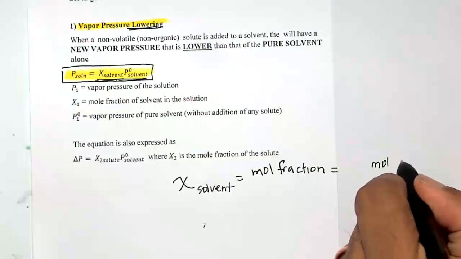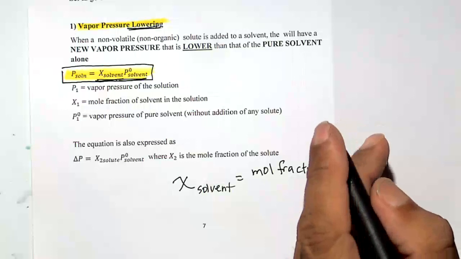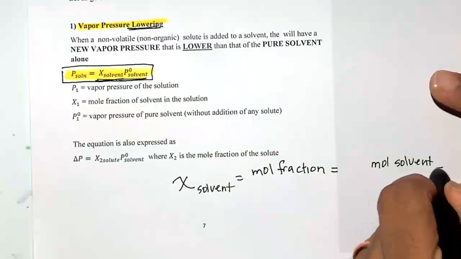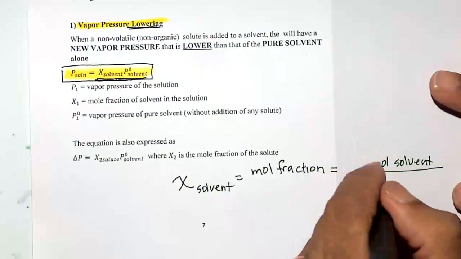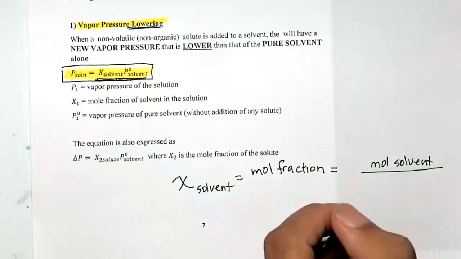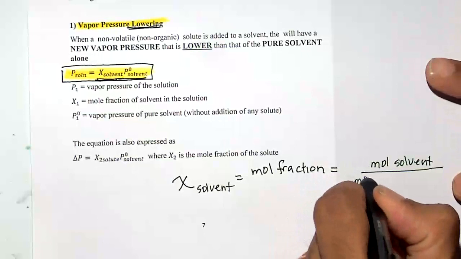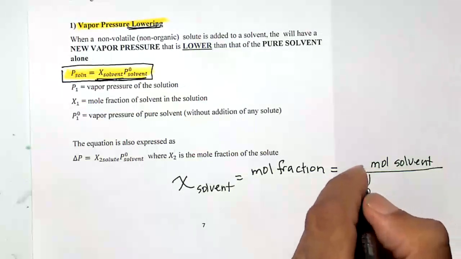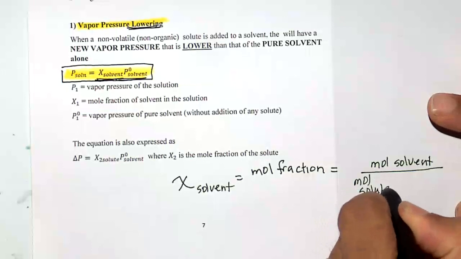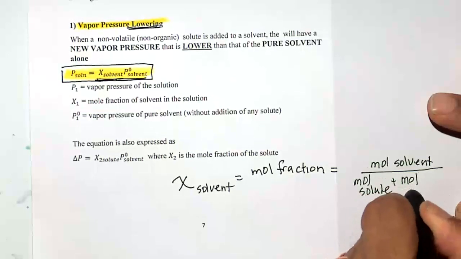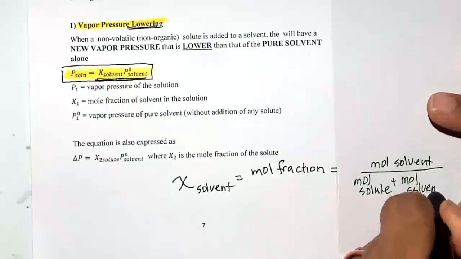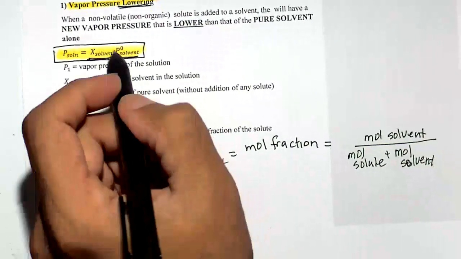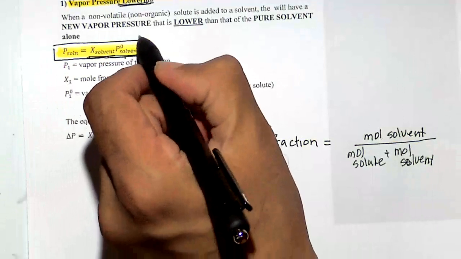Anytime it's a fraction, it's part over whole. So part solvent, part whole. What is the whole thing? Solvent plus solute. The whole thing is solution, you're right, but the solution is solute plus solvent. And this P naught, I don't know if you know that.